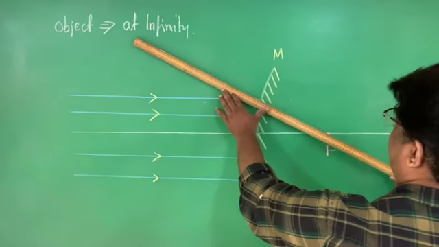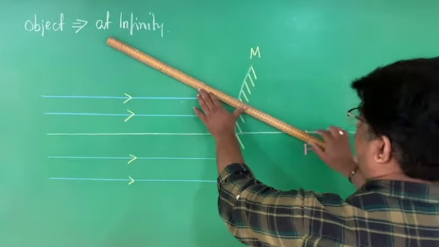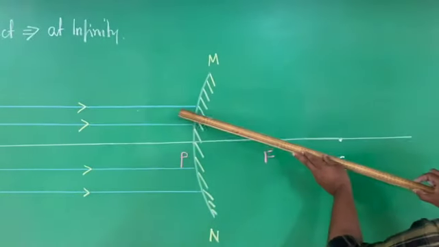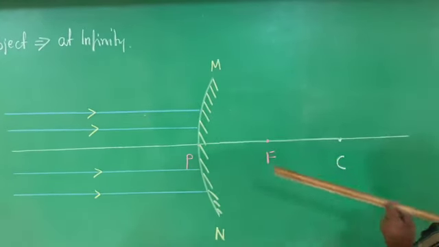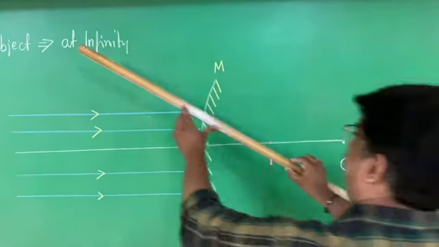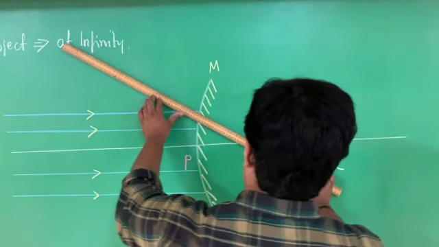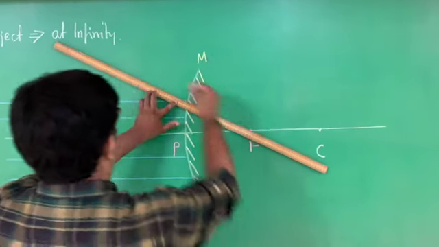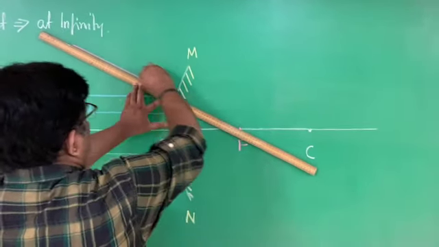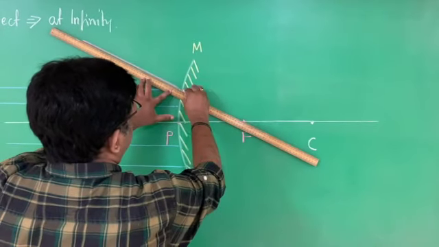See, this ray has to diverge. This ray came and fell on this particular reflecting surface. Now it has to diverge. It appears to diverge, therefore you have to keep the scale like this. It appears to diverge from the principal focus.